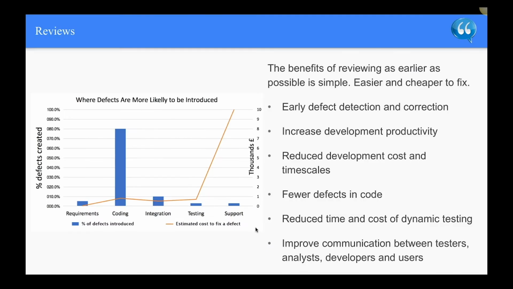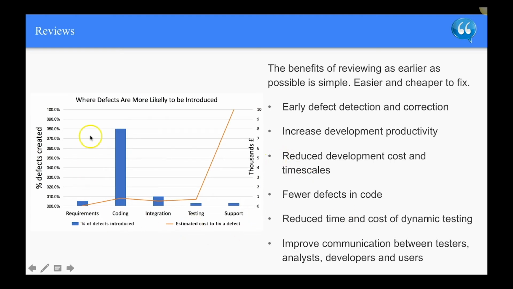Continuing on reviews, the benefit of reviewing as early as possible is simple: it's easier and cheaper to fix, period. So: early defect detection and correction, increased development productivity, reduced development cost and timescales, fewer defects in code, reduced time and cost of dynamic testing, and improved communication between testers, analysts, developers, and users.